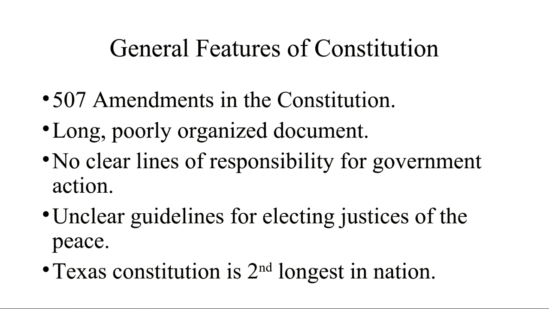Okay. There are 507 amendments in our Constitution. 483 of them were added by 2013. So we're talking a lot of amendments. And part of the problem is we have to pass a new amendment to cancel out an old amendment.